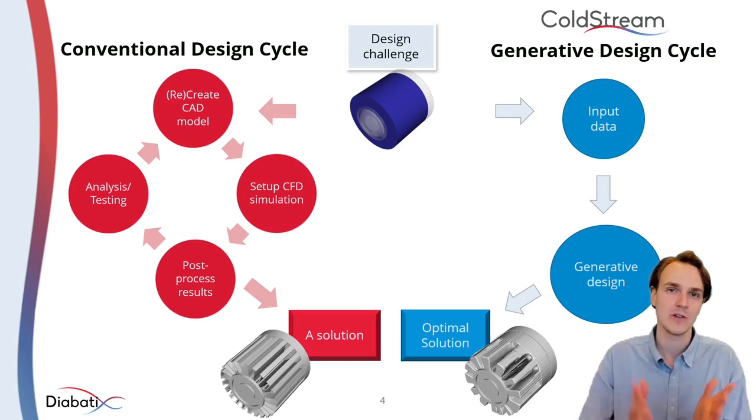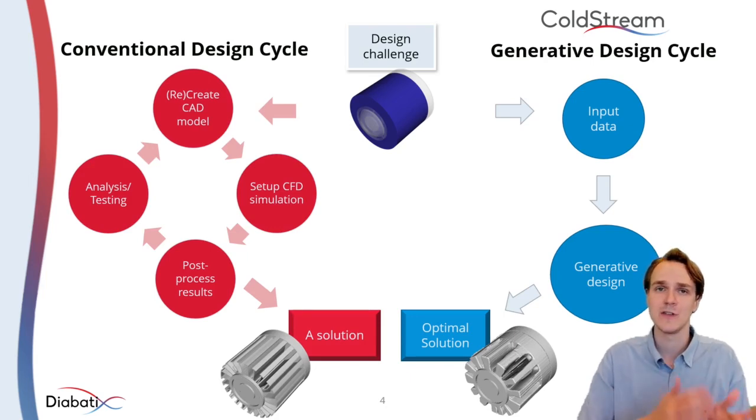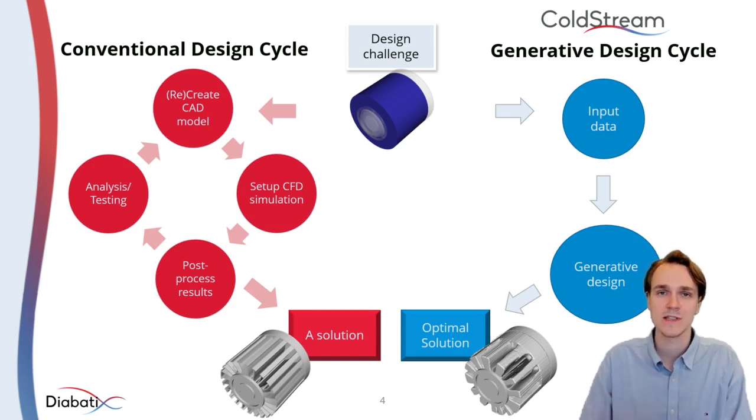And then we have our special algorithms that will adjust the structures such that the next iteration is hopefully better than the previous one. At the end of it all, you get an optimized solution because simply ColdStream can iterate through hundreds of designs in a much faster time frame than a human engineer could with this conventional design cycle.